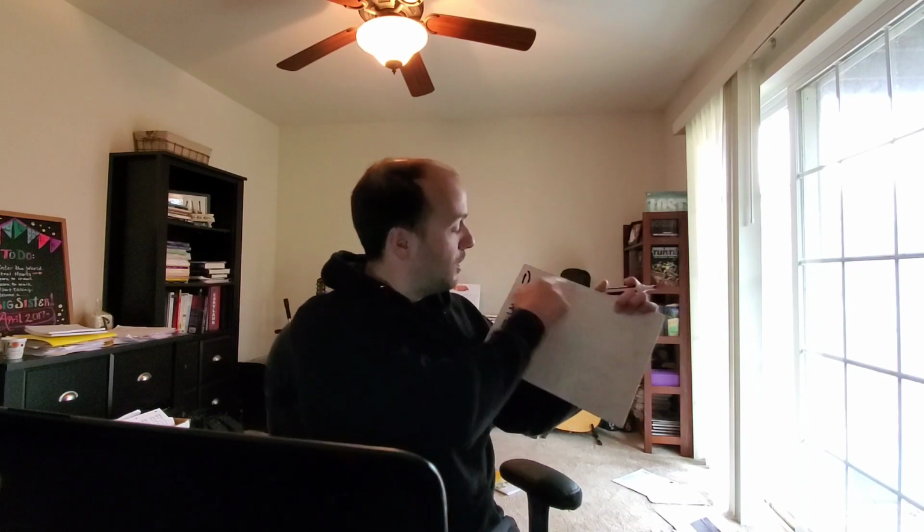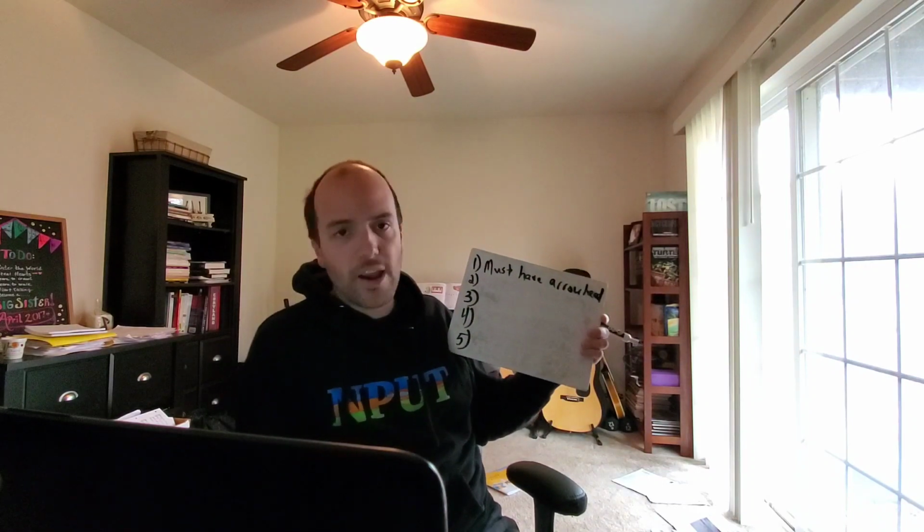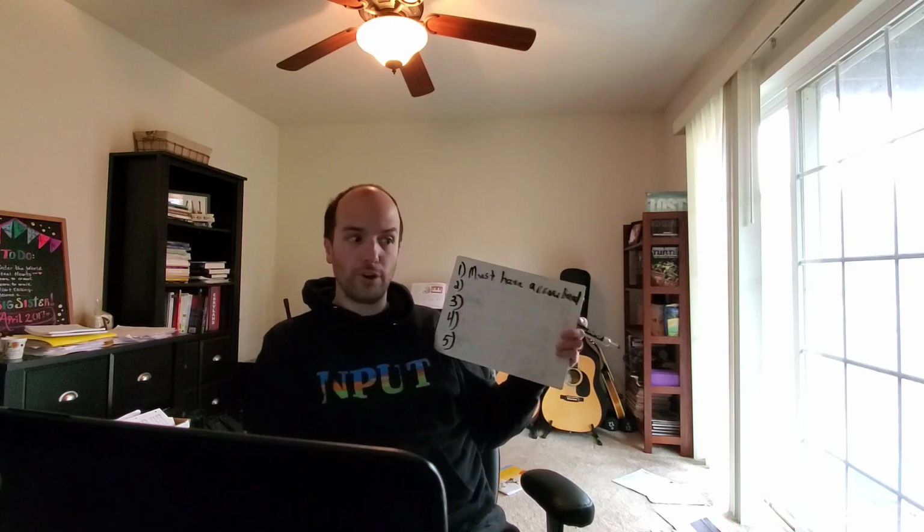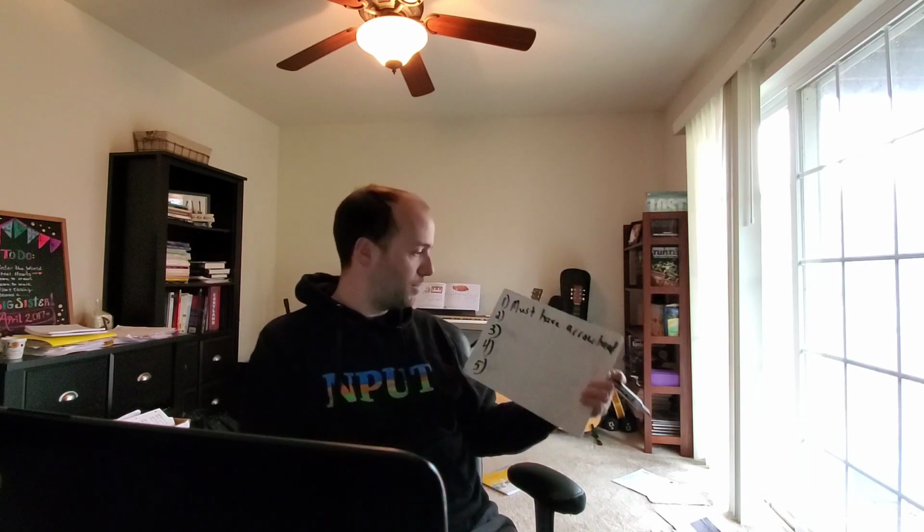So rule number 1, just for my personal list, is they must have an arrowhead. I know it's kind of messy over there, but it must have an arrowhead. Without an arrowhead, you can't establish direction, and direction is very important when you're trying to determine the direction. Makes sense.